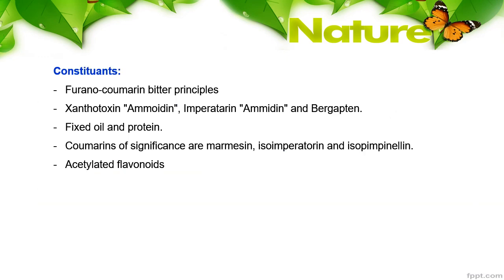Ammi majus contains furanocoumarin bitter principles: xanthotoxin known as ammoidin, imperatorin, and bergapten, fixed oil and protein from the seed, also containing marmesin and isoimperatorin, and containing acetylated flavonoids.